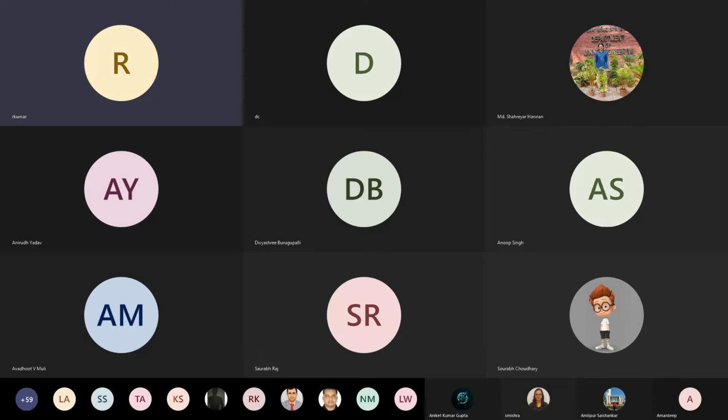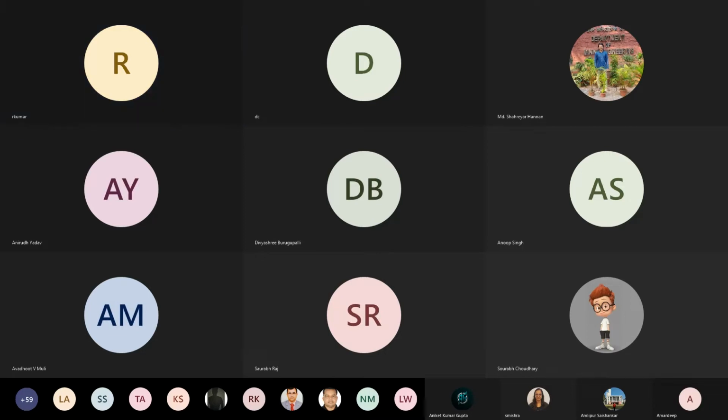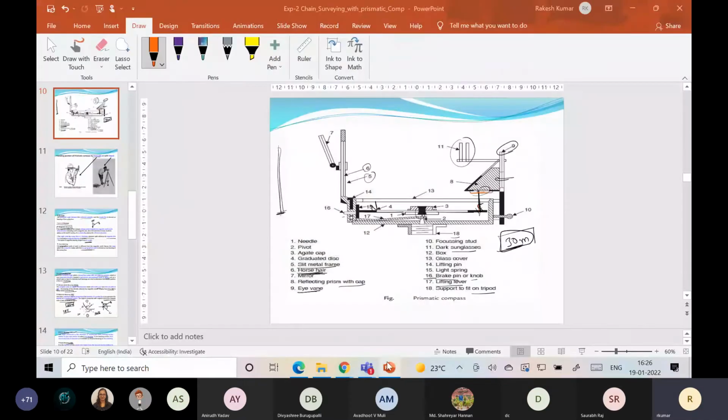Again, I have to share for 1 minute. If you see the PPT, where is the 0? Can you tell me? Here, right? Am I right? Yes, sir. So you're reading by prism. When you rotate, your magnetic needle will be stationary.